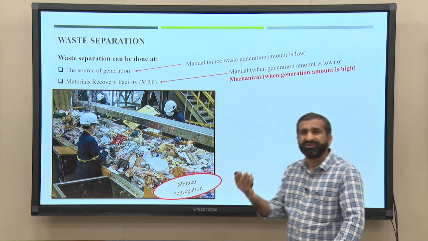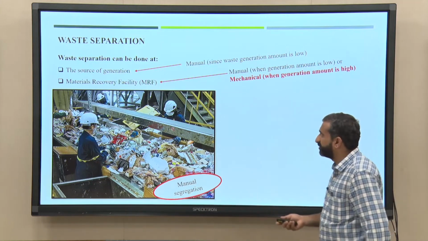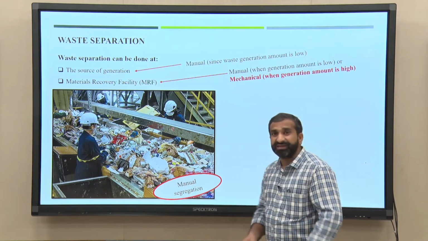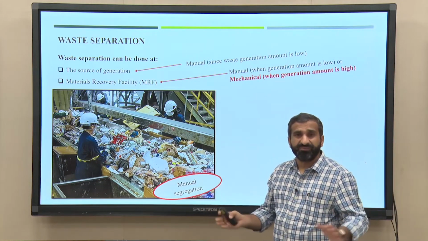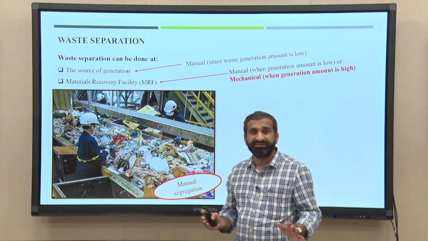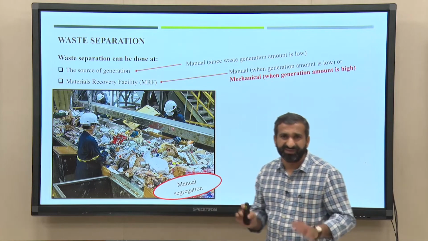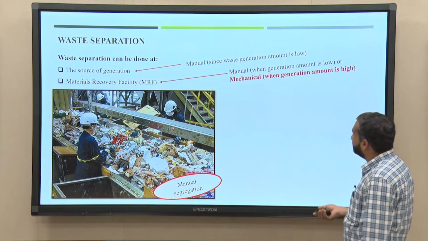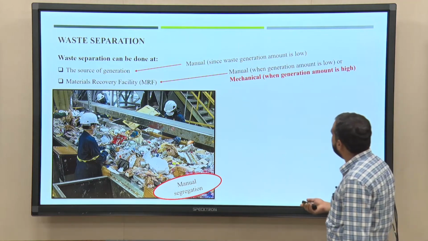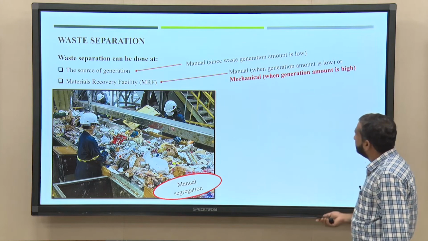Then manual could be possible. But if these 10 to 12 or 15 kinds of components need to be segregated manually, it is very difficult if the quantity is large. So if the quantity is large, we should go for mechanical segregation when the generation amount is high.